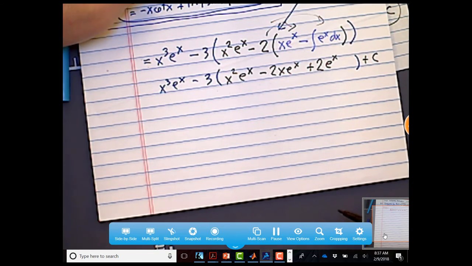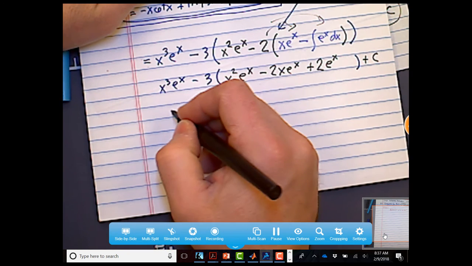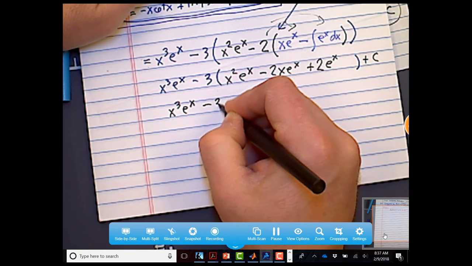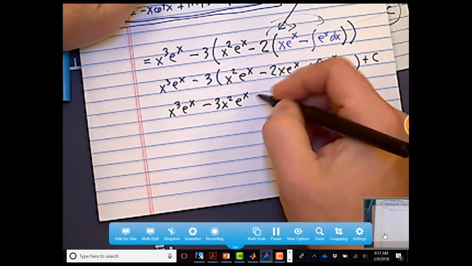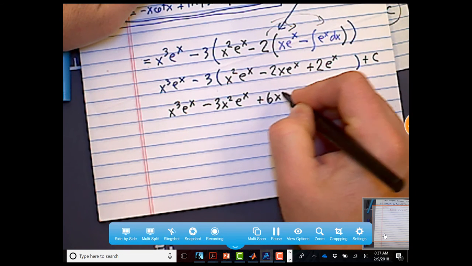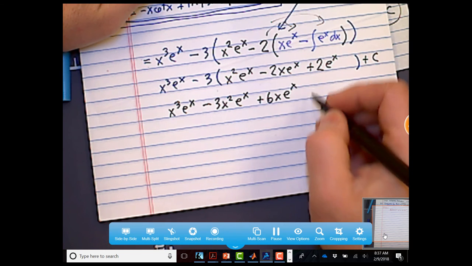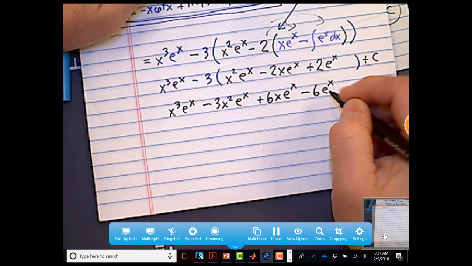All right, so let's simplify. Well, I guess the only thing left to do is just distribute the negative 3. So we get x cubed e to the x minus 3x squared e to the x plus 6x e to the x minus 6 e to the x, right?